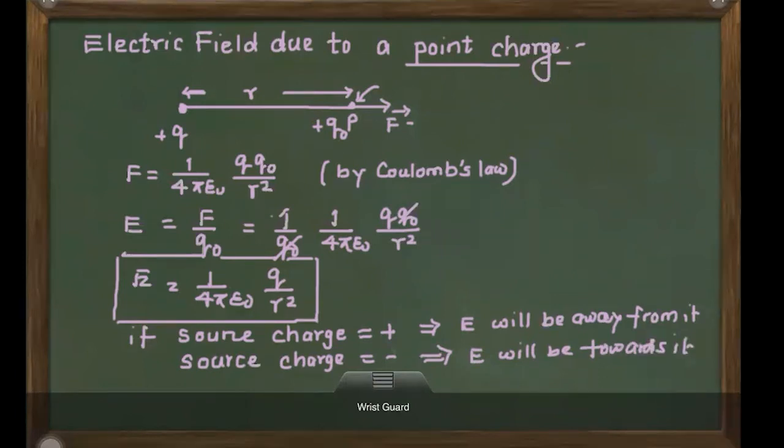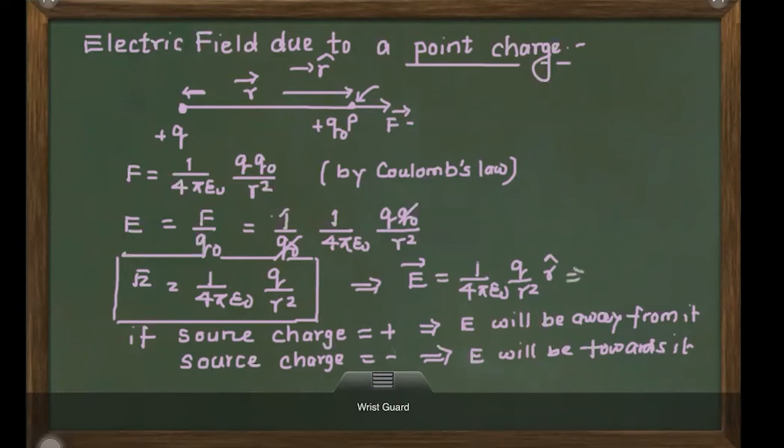So if I'm going to represent it in vector form, I can write it this way. Vector E is equal to 1 by 4 pi epsilon naught Q upon R square, and since it is a vector, here will be the unit vector R cap.